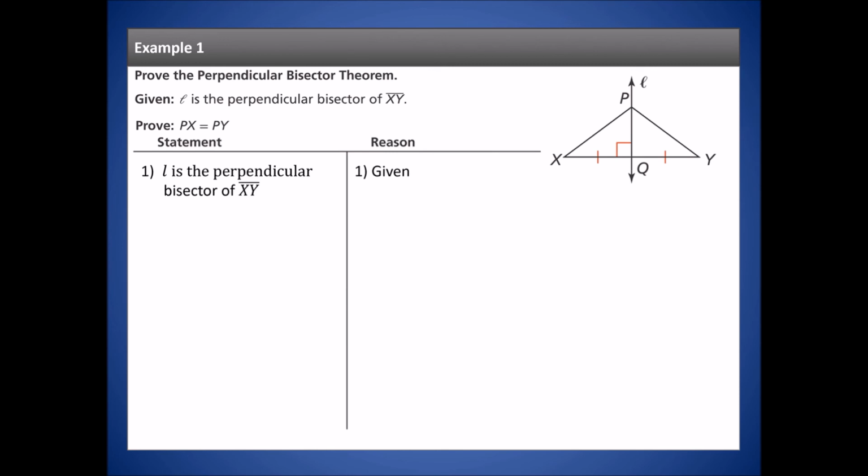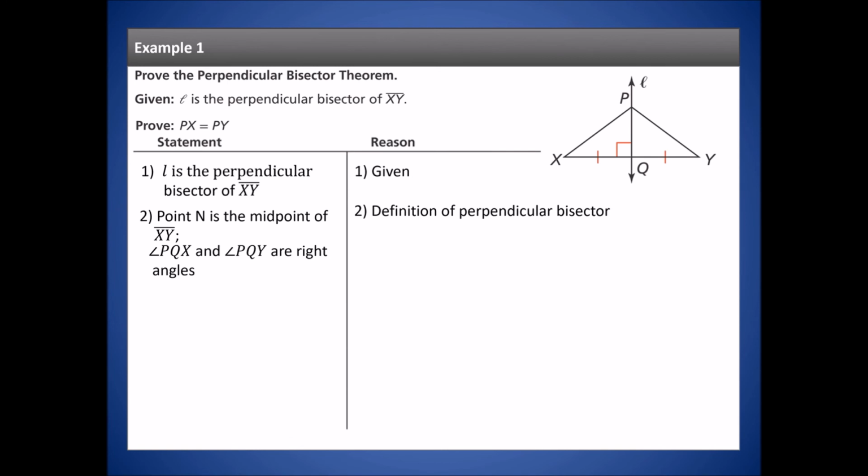Next, because it's a perpendicular bisector, by definition, this has to cut through the midpoint of this line segment.